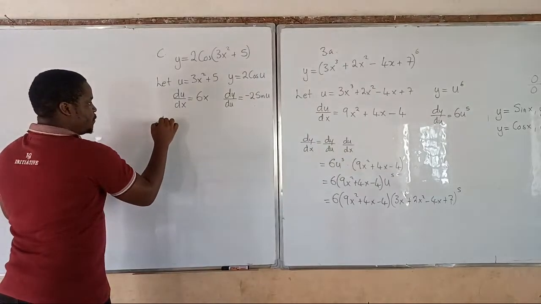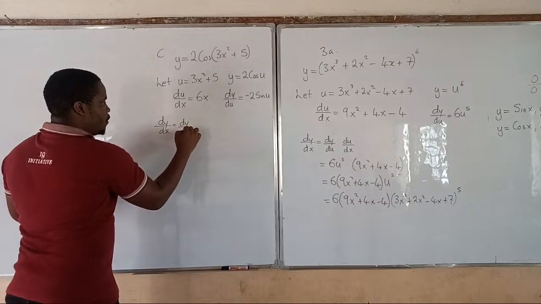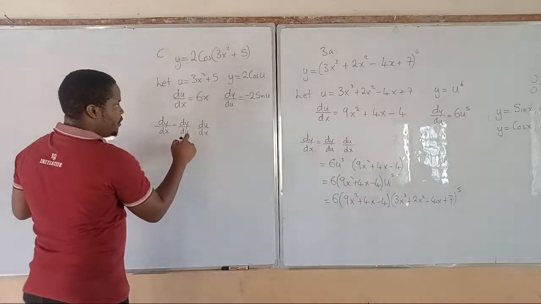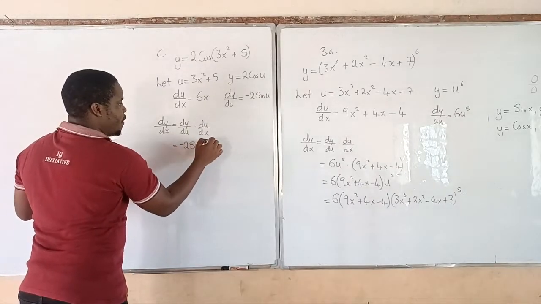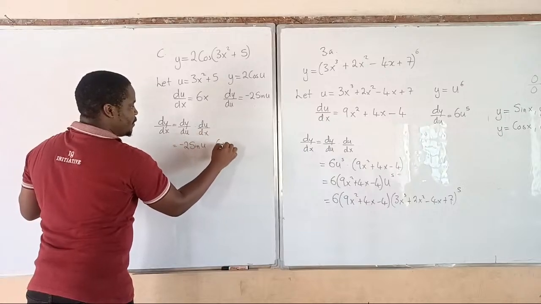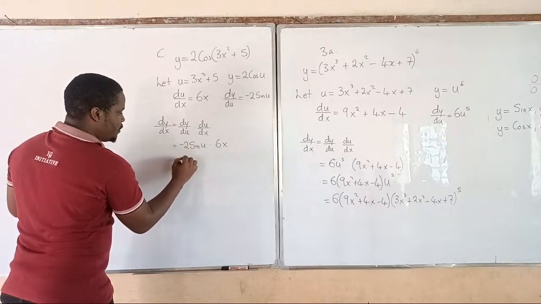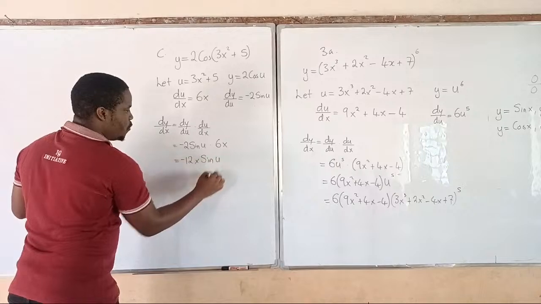Then just combine them by this formula. So dy/dx is equal to dy/du times du/dx. What is dy/du? Negative 2 sin u. What is du/dx? 6x. So combine the two. 6 times 2, negative 12x sin u.